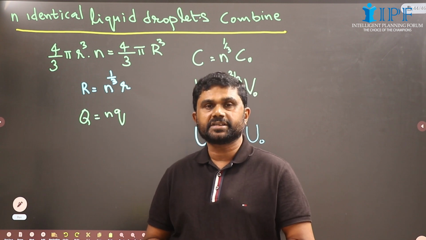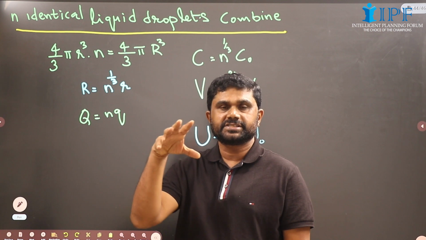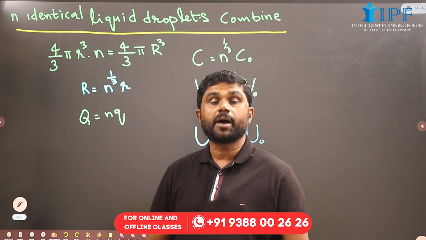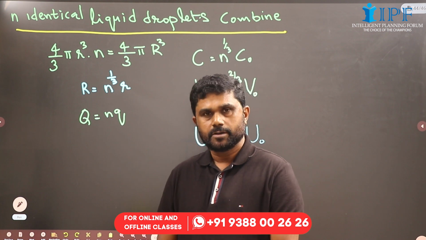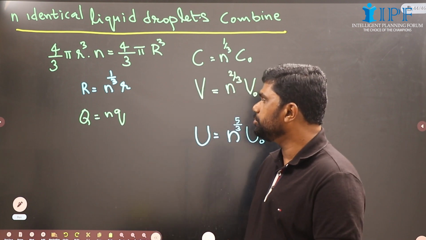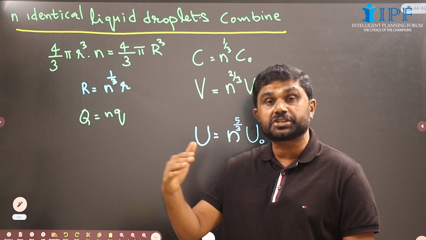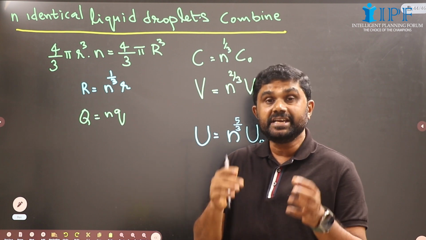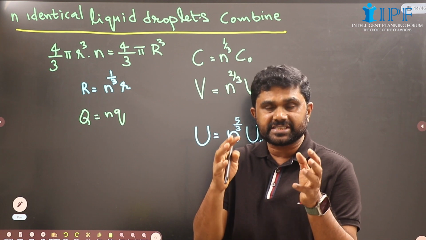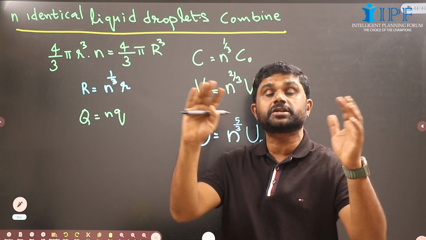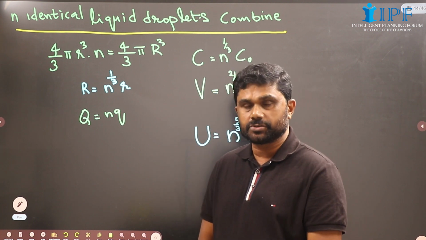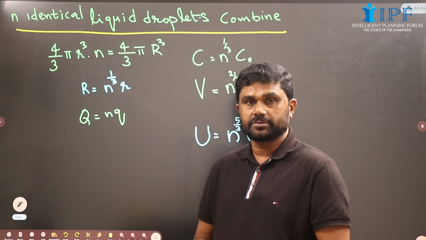Now let us consider another case in which a number of charged liquid drops combine to form a big drop. Suppose small q is the charge carried by each droplet of radius small r, and when n identical such droplets combine to form a big drop of radius capital R, the volume of liquid will remain conserved.